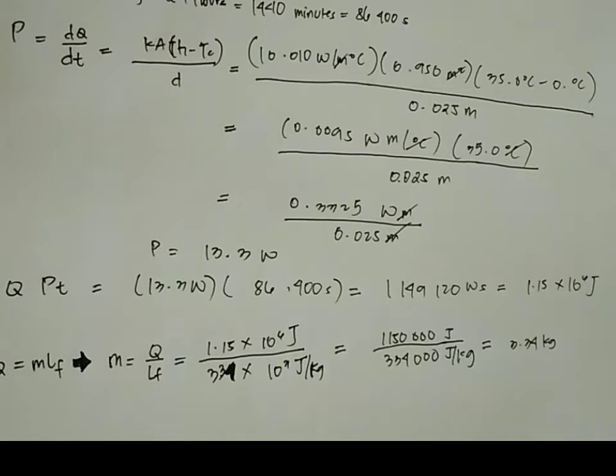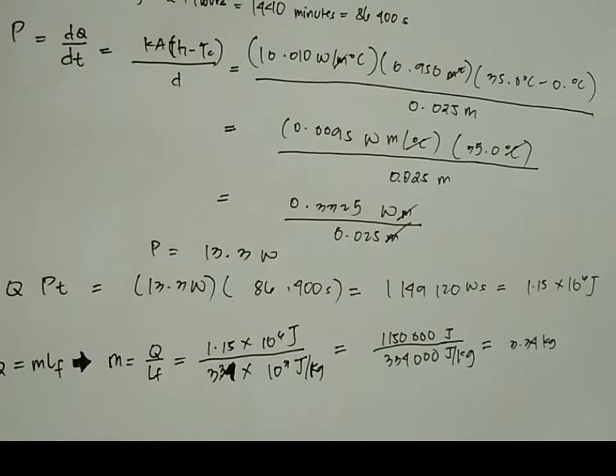So this question involves both heat for a phase change, or the melting of ice, and the transfer of heat by conduction. So first, we will solve for the mass of the ice.